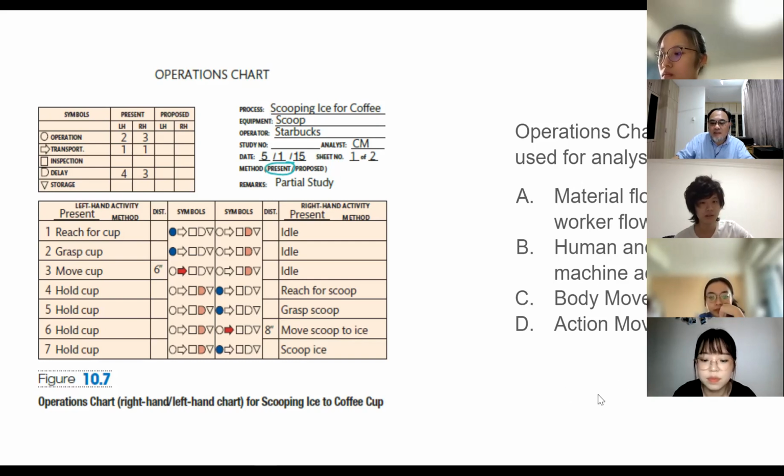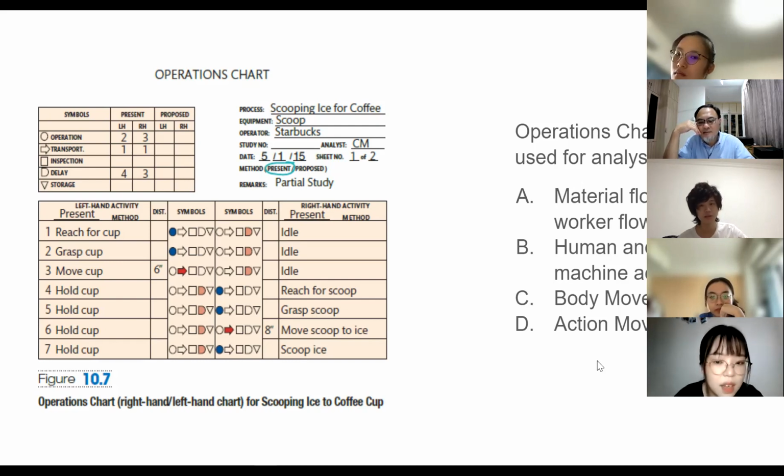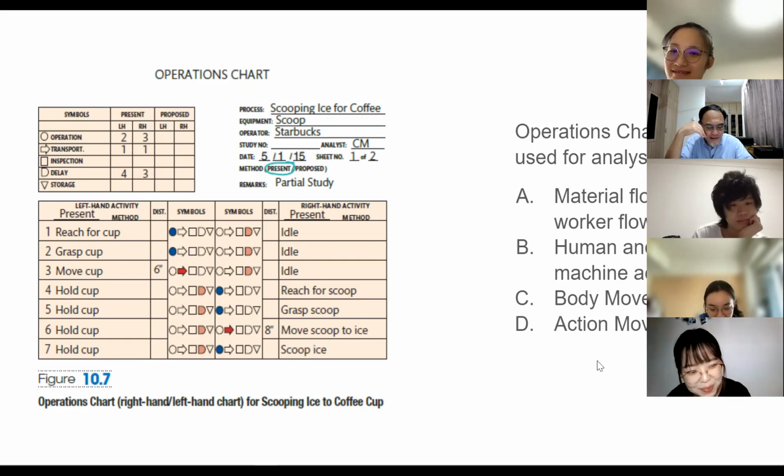So what's the answer actually? Yu Hong, what's the answer? I choose C. Why did you choose C? Because I read the book. You read the book, okay. The book says operations chart is actually a body movement, exactly.